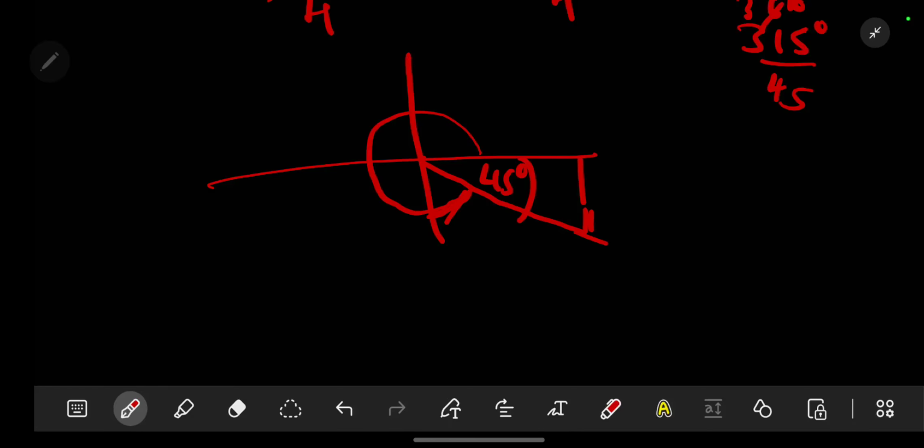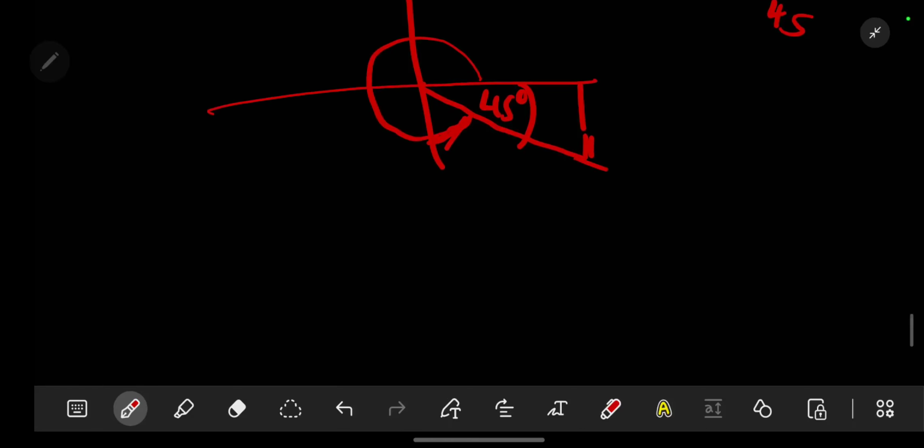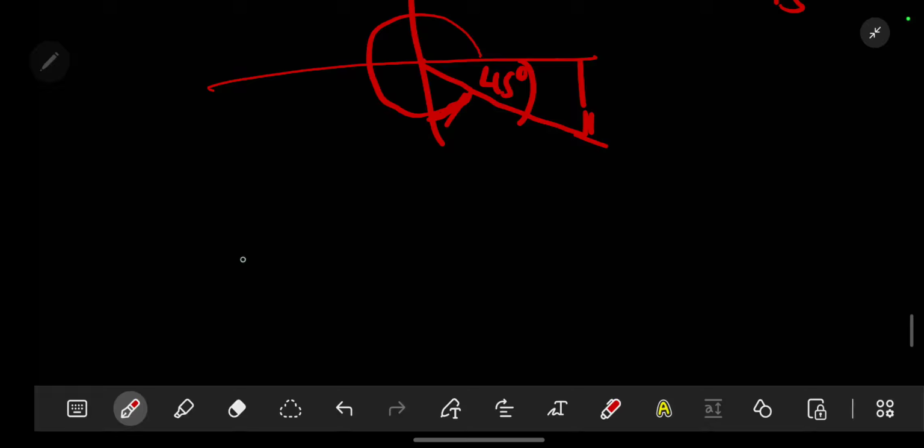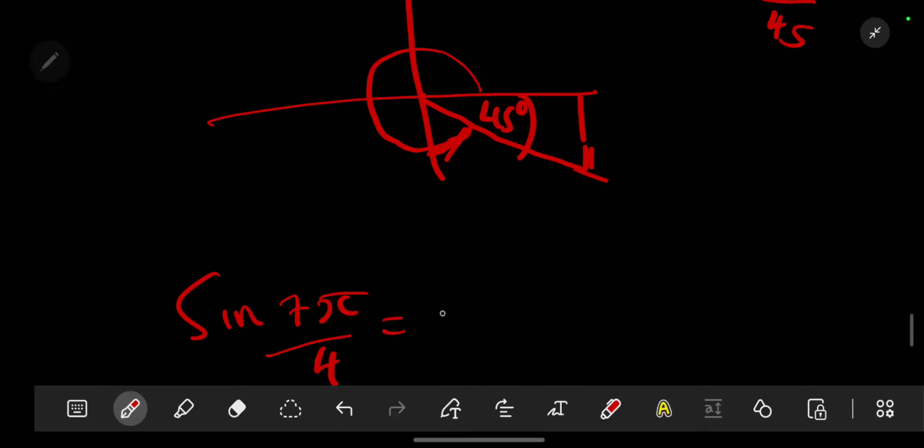Therefore, without wasting time, the sine of 7 pi over 4 should be equal to, if you use the acute angle, account for its position. In the fourth quadrant, sine is negative, so we say negative sine of 45 degrees.